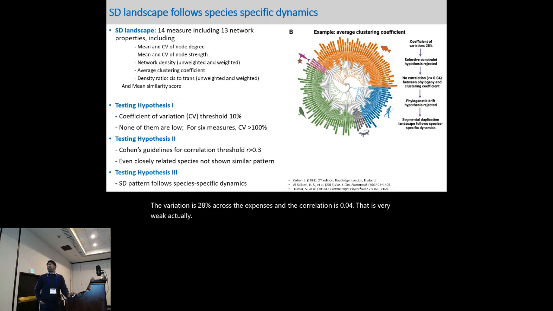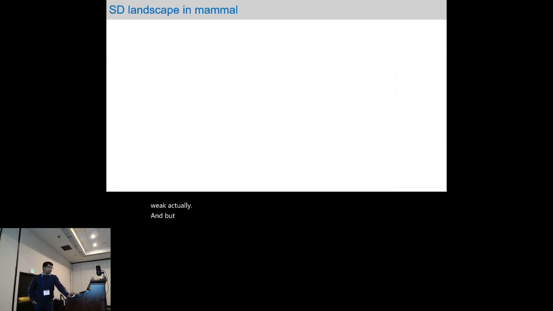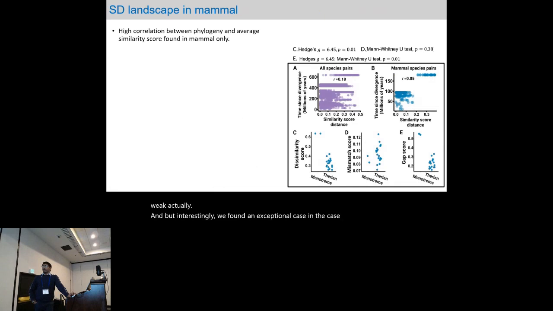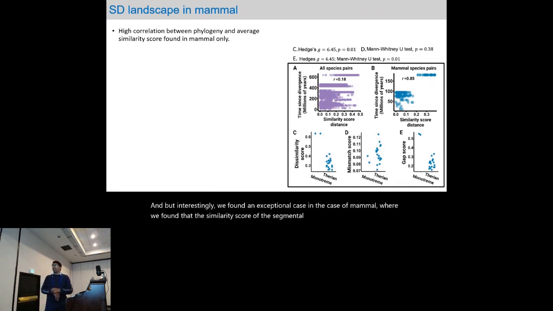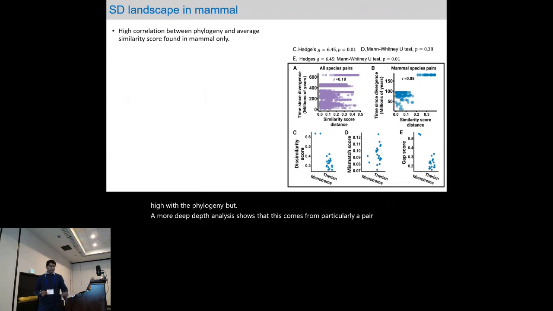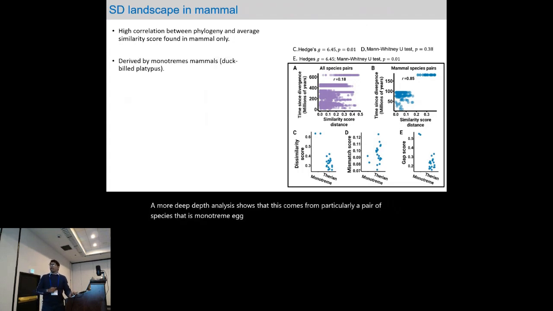But interestingly, we found an exceptional case in mammals, where the similarity score of the segmental duplication landscape is very high with the phylogeny. But a deeper analysis shows that this comes from particularly a pair of species, the monotremes, the egg-laying species.